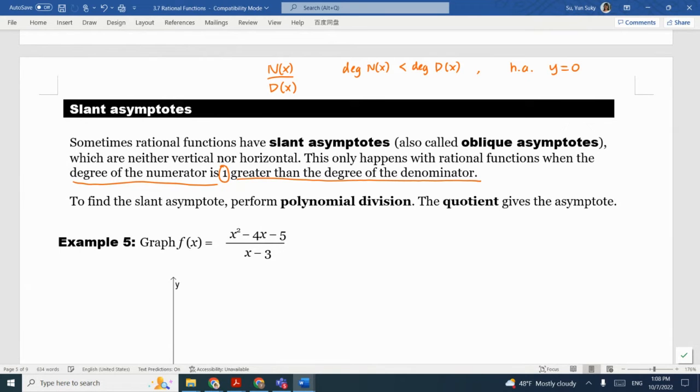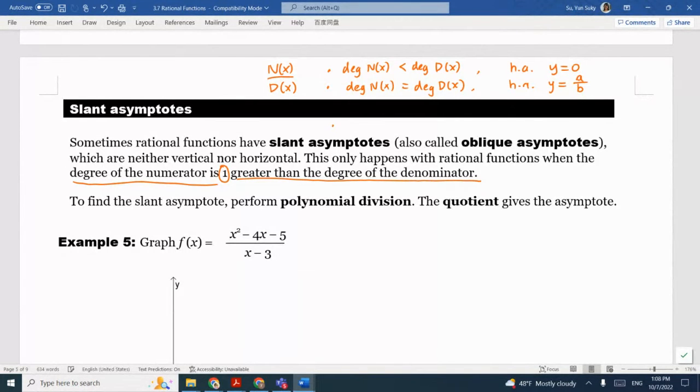And if the degree of the numerator equals the degree of the denominator, then we have a horizontal asymptote y equals A over B, where A is the leading coefficient of your numerator and B is the leading coefficient of your denominator.